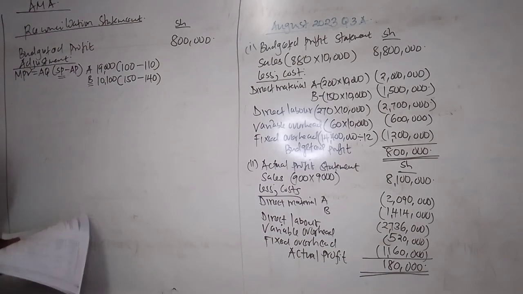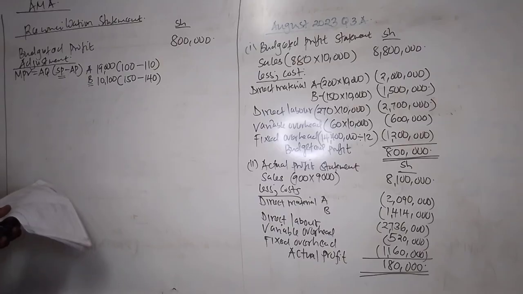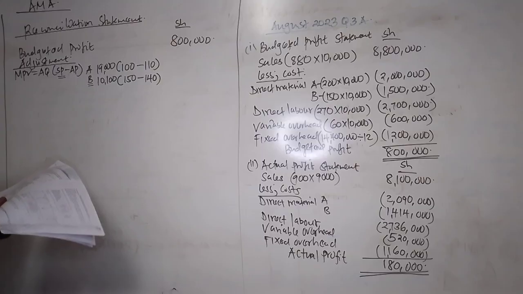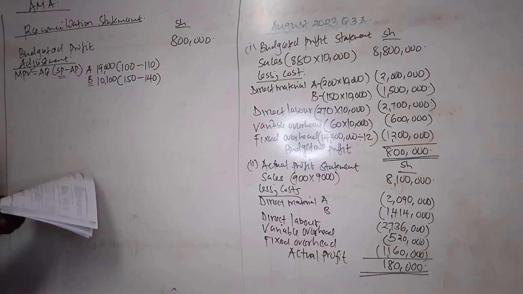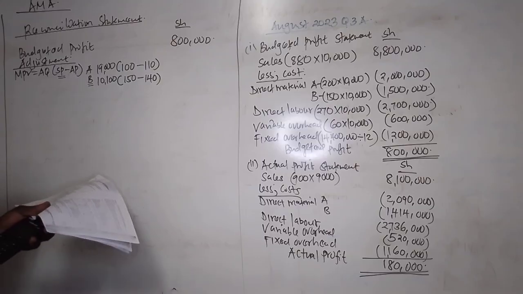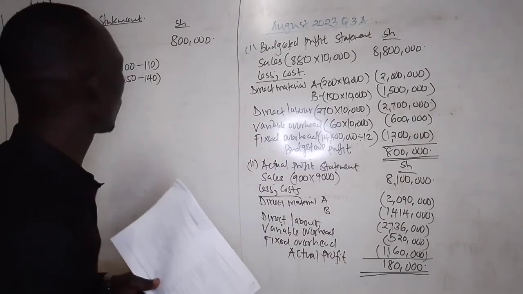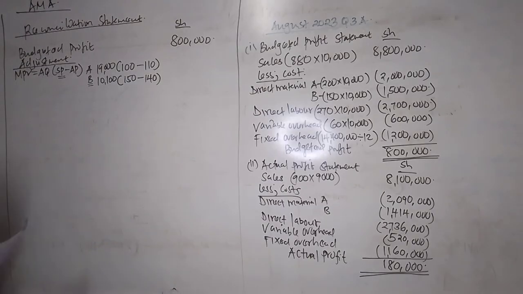Our answer now, the first one will be 19,000 into bracket 100 less 110. So you are getting negative 190. But in variances, we don't write the negative or positive.